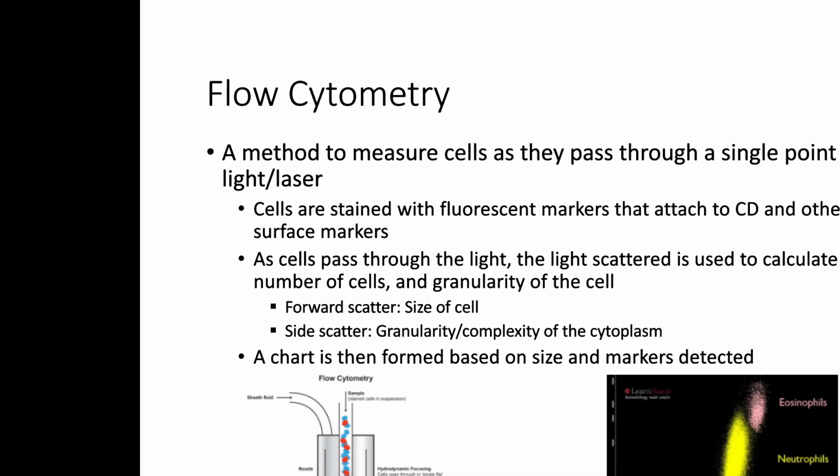As the cell passes through, the scattered light can be used to identify size, number of cells, and granularity of the cell. If we have a fluorescent marker on there, then the light signal will also excite the attached markers, and that will help us mark out where that cell is based on where it falls on the chart.